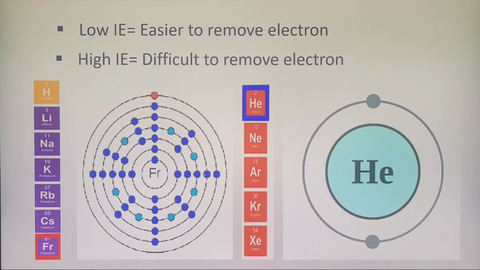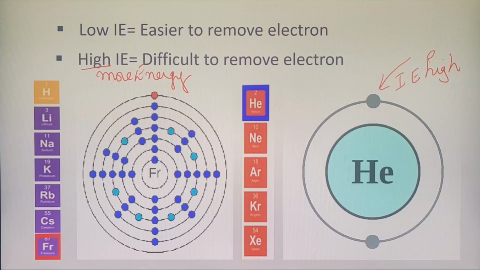So children, as I told you, if I say that the ionization energy is high, I mean I have to put in more energy to remove an electron. Okay, so if I say that the ionization energy is high, ionization potential is high, what did I ask you to remember? Potential means energy.